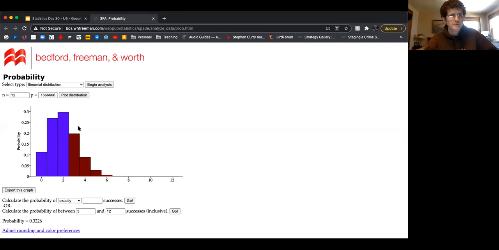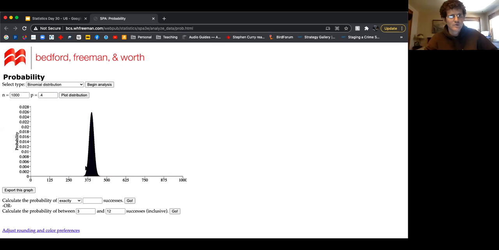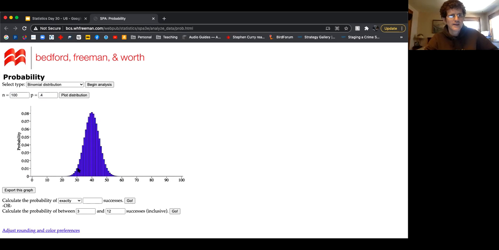So it is always going to be unimodal. Now, if I bump this up big time, let's say that we had 1,000 trials, and we had like a 0.4 probability. Look at that. That looks quite normal. 1,000 is even too much. I could just do 100. Now it's an approximately normal distribution, but you have to get up, and we're going to dig into that more later.